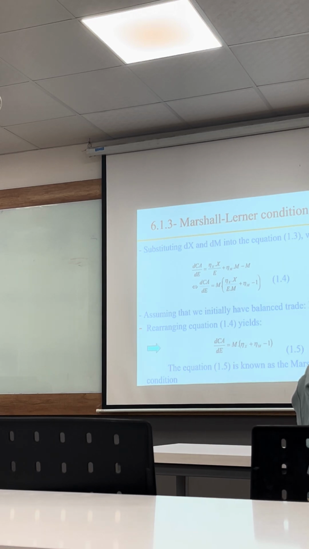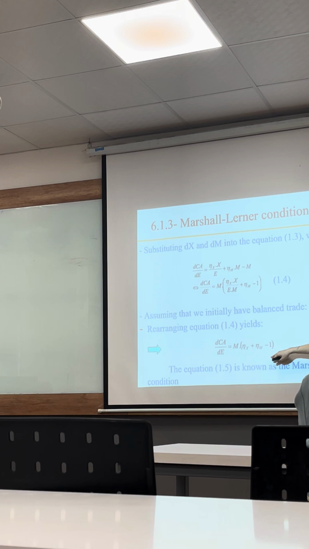Okay, guys. We start with the balanced trade. Export equals import, and now we got equation 1.5. Get that? I don't need you to remember the process, but the final result you need to remember.